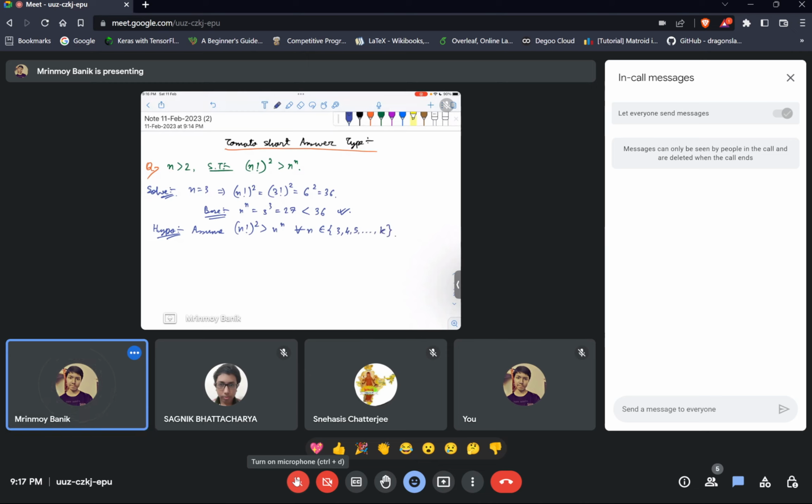Right. So now we want to show (k plus 1 factorial) squared is greater than (k plus 1) power (k plus 1).